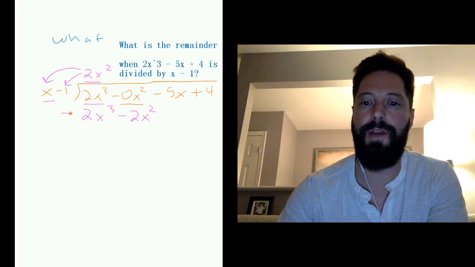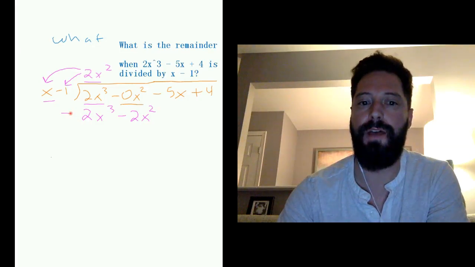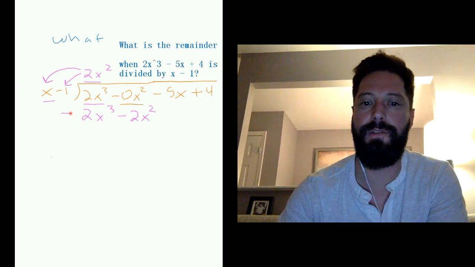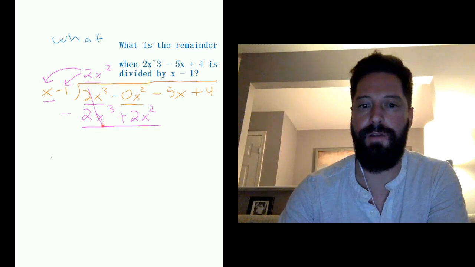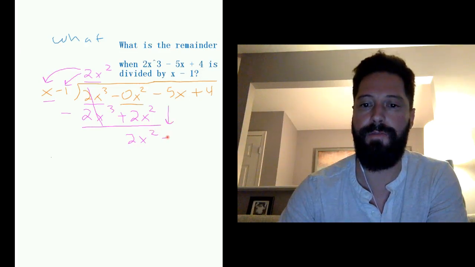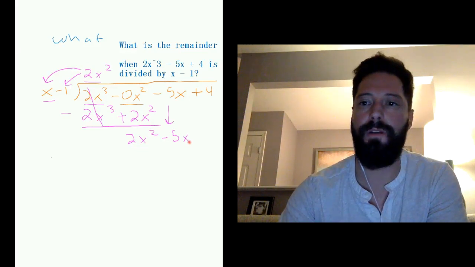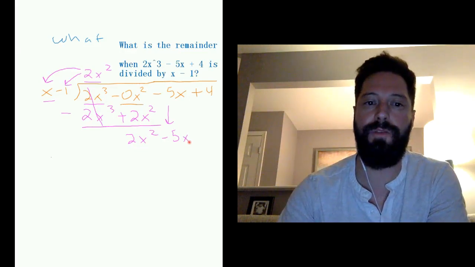These cancel, and now we are left with positive 2x squared, and then we bring down the minus 5x. Okay. Now we do the same thing. We say the x over here, what do we need to multiply it by to make it look like a 2x squared? Well, it needs to have a 2.